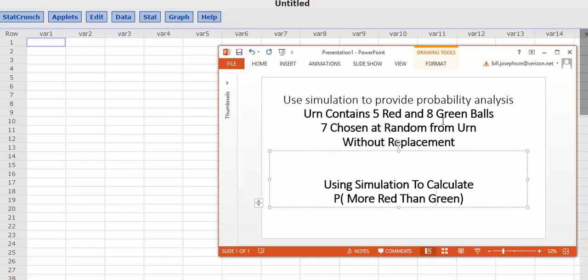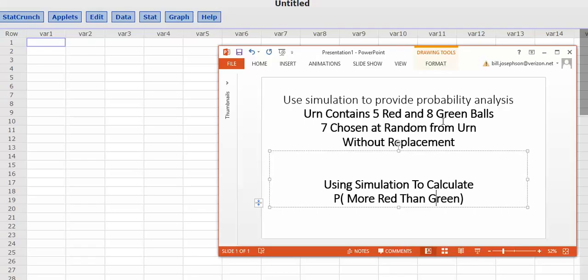Now, if you've read anything about simulations, what we're doing is actually generating a sample. And we know that sampling frequencies, specifically relative frequencies, approximate the underlying probability. So if we have an experiment that we're trying to calculate the probability for, we just repeat that experiment a lot of times and take the relative frequencies to represent the associated probability.